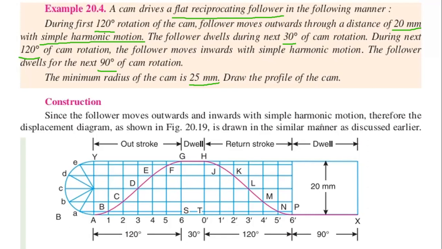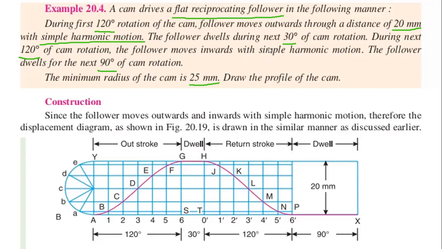Next, from this input, we have to write the given data. 120 degrees is the outstroke angle.